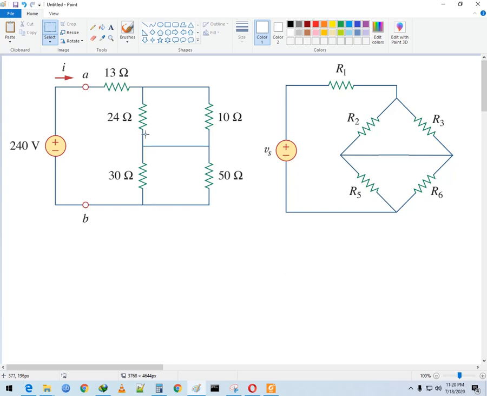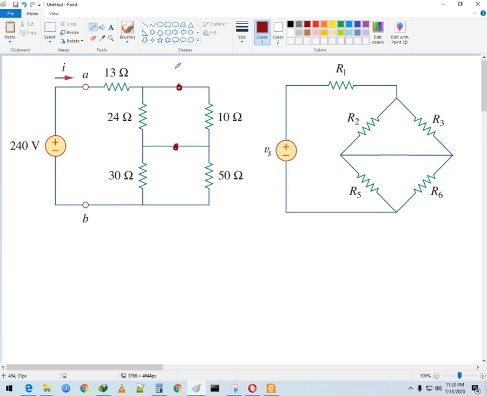For that reason, we need to look for possible solutions so that we can simplify this circuit using series and parallel methods. For example, here we have this 24 ohm resistor and 10 ohm resistor. These two are in parallel. How? For example, we have this node, and this node.